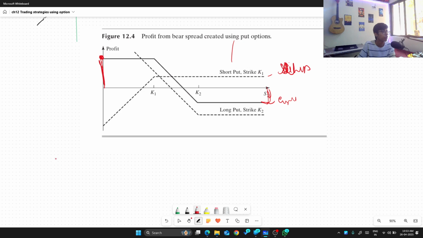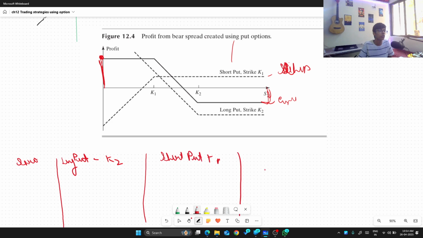Let's make a payoff diagram for the scenarios. First is the payoff of the long put at k2, then the payoff of the short put at k1, and the total payoff.